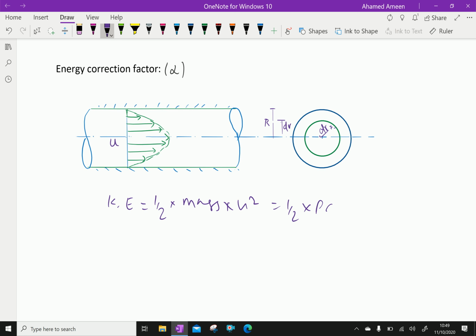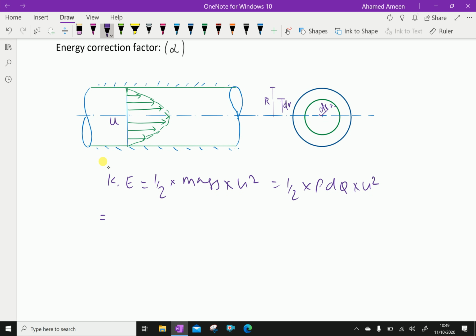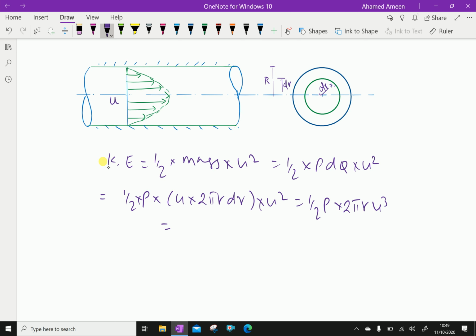We can write rho dQ into u square, which is further half into rho u 2 pi r dr into u square, which is equal to half rho into 2 pi r u cube, since u into u square is u cube, which is equal to pi rho r u cube dr.